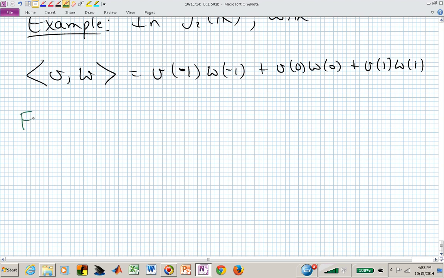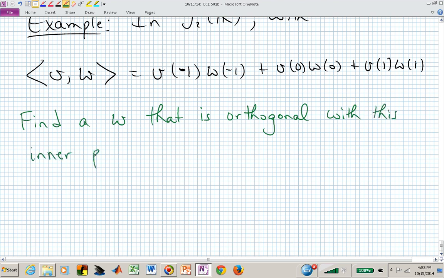And suppose somebody says, okay, there's an inner product. You're playing with the vector space of second-order polynomials over the real line. Find a vector W that is orthogonal, with the above inner product of those three terms, or values of the vectors at minus 1, 0, and 1, the sum of pairwise products of those values.